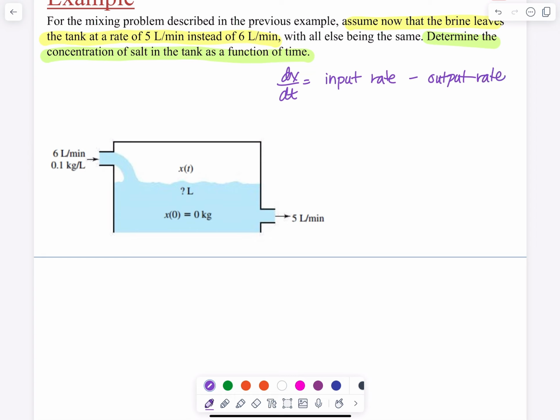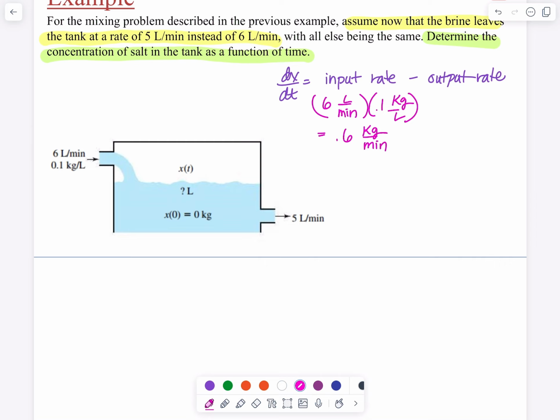We still have 6 liters per minute multiplied by 0.1 kilograms per liter, and that's going to give us 0.6 kilograms per minute for our input rate.